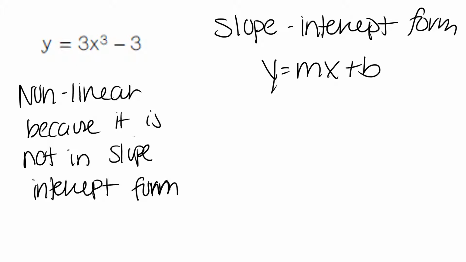Slope-intercept form has no exponents. You'll notice in the y equals mx plus b, there are no exponents written. There is an exponent 3 here with the variable, and so that is not linear. That is not in slope-intercept form.